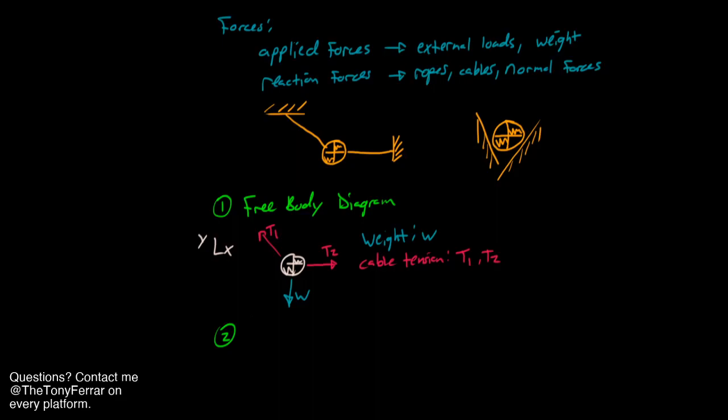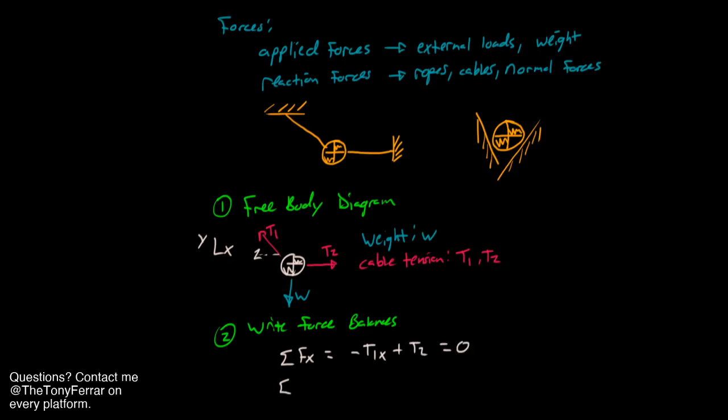Once you've got your complete free body diagram, the second step is to go ahead and write the force balances. And we're going to do that in each coordinate direction. So for this problem here, that means we're going to write a sum of forces in the x direction, which is going to look like minus T1x, because the horizontal component of T1 is acting to the left, that's the negative x direction, plus T2, and that has to equal 0 if this is in equilibrium.